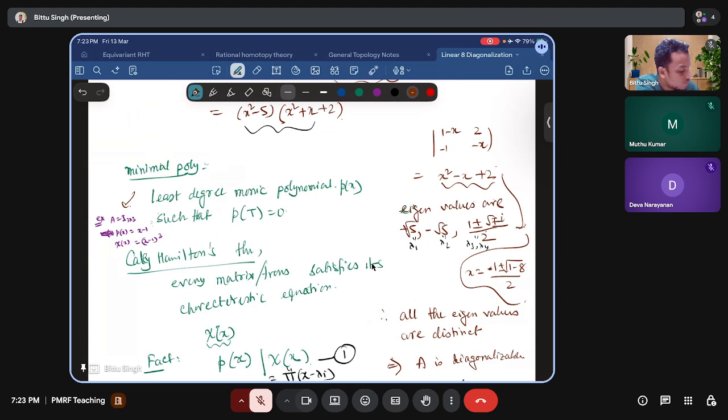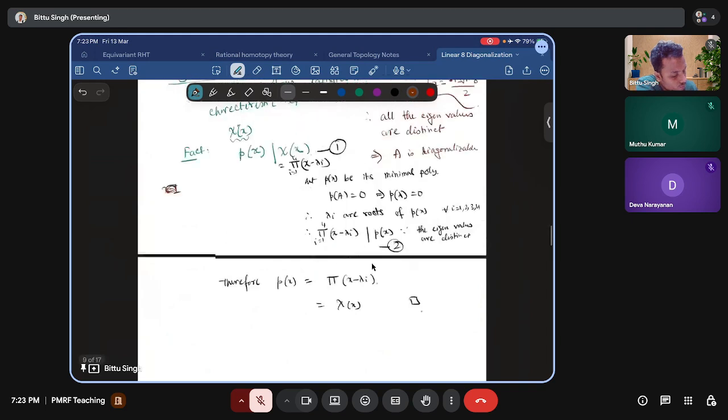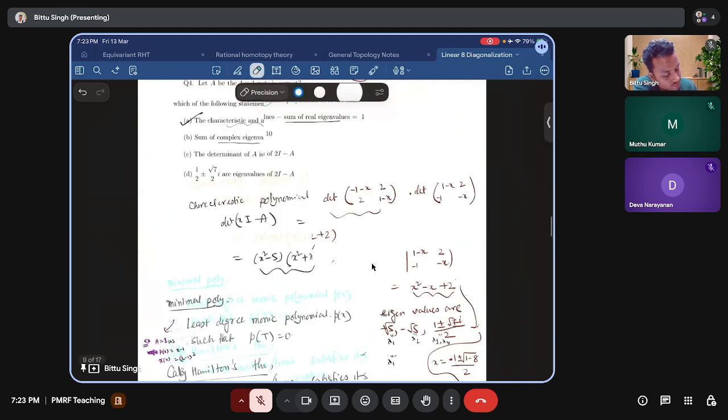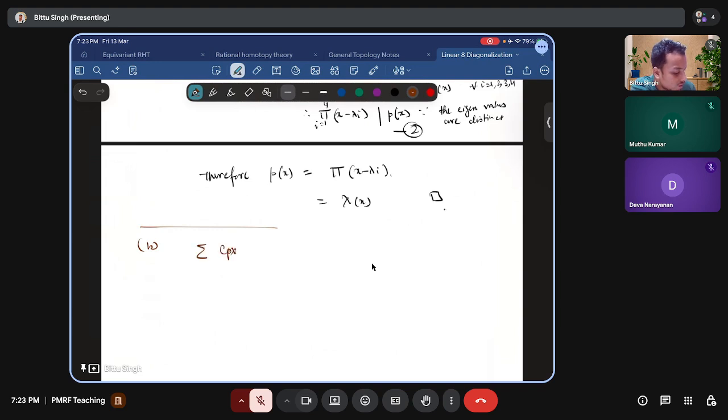They are complex because we are taking the square root of minus 7, which is root 7i. For B, we need to calculate the sum of complex eigenvalues minus the sum of real eigenvalues.